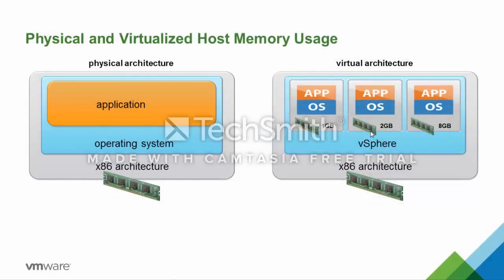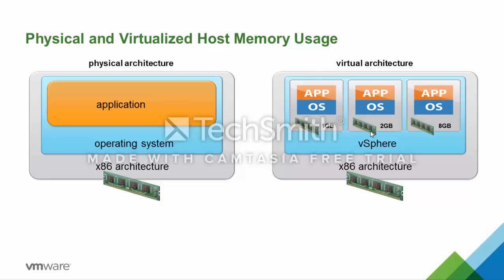If we take that a step further, we can also share the amount of memory in a physical server. So we can have a virtual machine that has 1 gig of memory. We can have another VM with 2 gig of memory, another one with 8 gig of memory. And again, they may not all require that total capacity of memory all the time. If they did, they'd be running at 100% memory utilization, and obviously they wouldn't be performing very well.